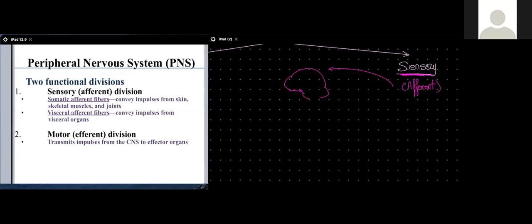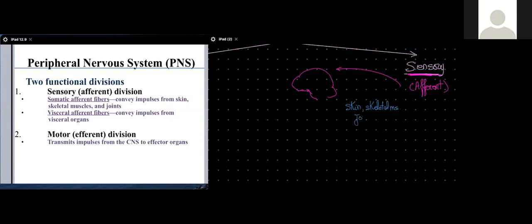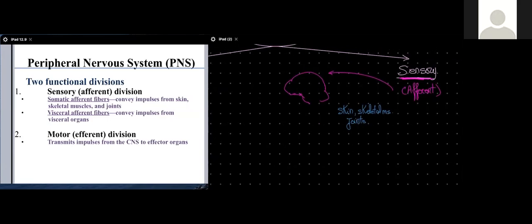If I'm getting sensations from skin, skeletal muscles, joints, I will classify this part of the sensory nervous system as somatic sensory nervous system. So the sensory nervous system might be somatic if you are getting signals from skin, skeletal muscles, or joints.